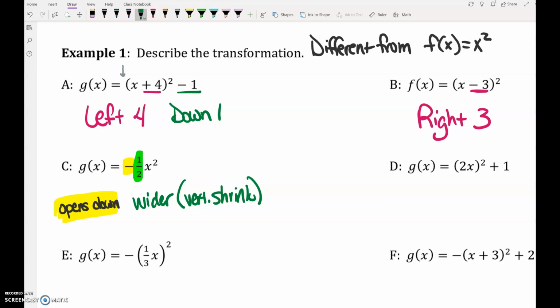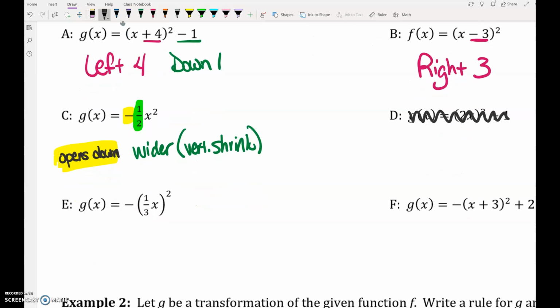Okay, D. Do you see something weird in D that we haven't talked about? That 2 is inside the parentheses instead of outside of the parentheses. So normally a vertical stretch or shrink is supposed to be outside of the parentheses, not inside. This actually indicates a horizontal stretch and shrink, which, to be honest, we're not going to use. So you can ignore D. We're going to skip that one.